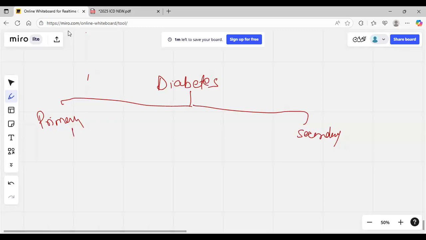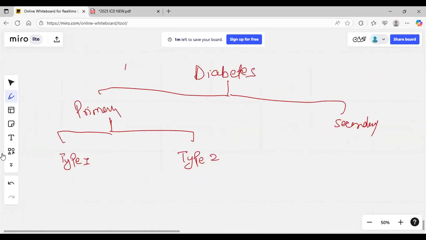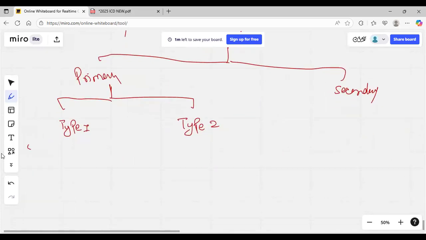Primary diabetes is further divided into two parts: type 1 and type 2 diabetes. Type 1 diabetes is also known as insulin-dependent diabetes, because in type 1 diabetes the patient is not able to produce insulin at all.